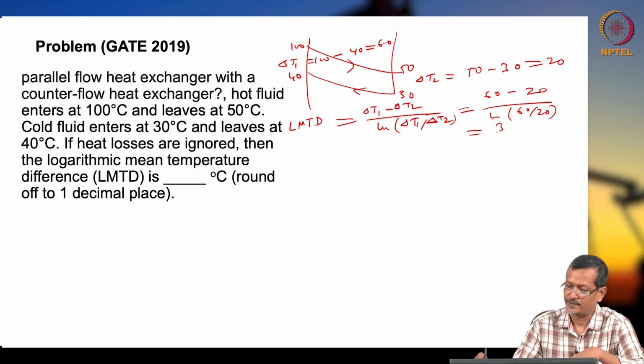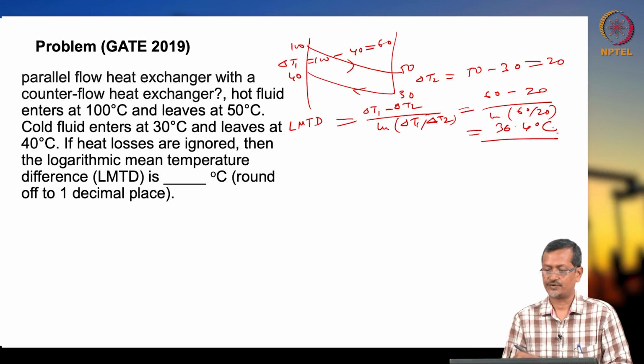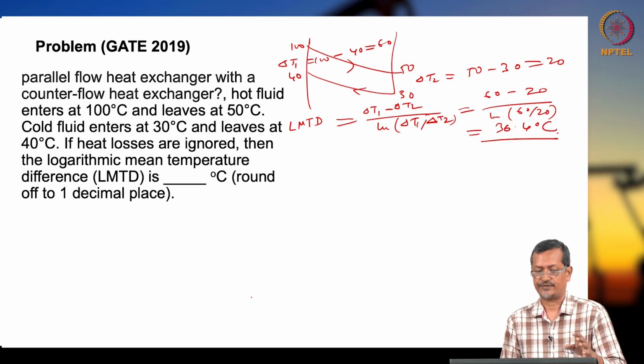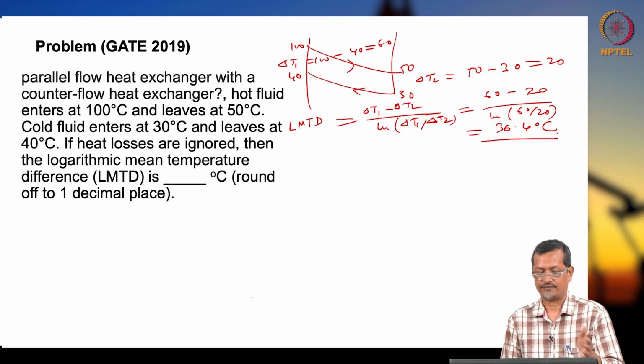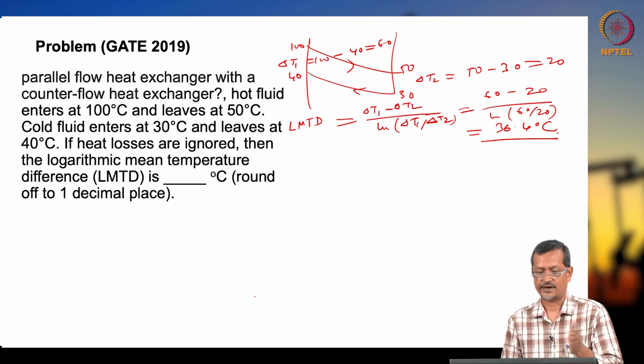So this value will be coming 36.4 degrees centigrade. Okay. If units are different, for example inlet temperature, outlet temperature, or any unit, then you have to convert into the proper unit, then calculate, otherwise you will get a wrong result.